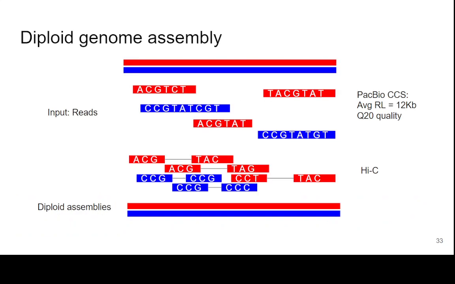Here we made use of newer data sets like HiFi, whose read lengths have reached 25 kilobase pairs, and which gives us very high quality reads, Q20. And we also made use of Hi-C technology. Hi-C gives us long range information. So the next question is how we can combine these newer data types, HiFi and Hi-C, to produce diploid assemblies. This is just last year's work.